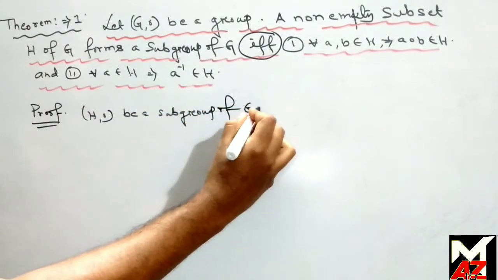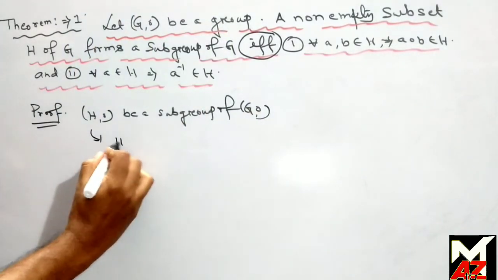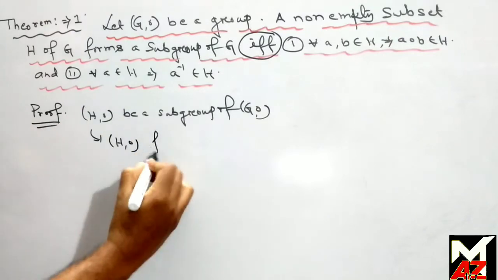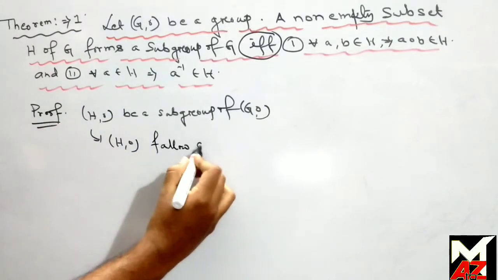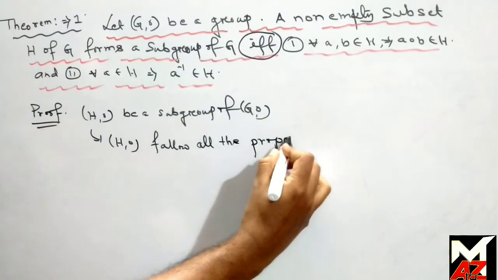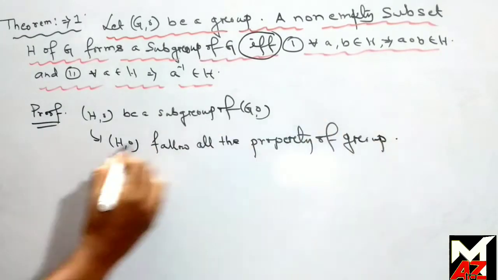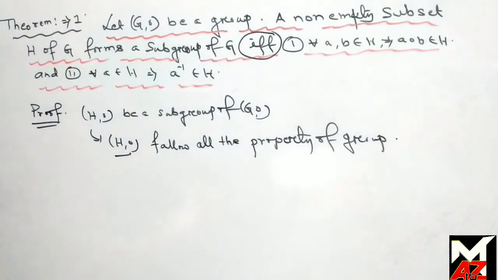Now we first take (H, ∘) to be a subgroup of (G, ∘). Then clearly (H, ∘) follows all the properties of a group, because this is a subgroup, that means it's a group.